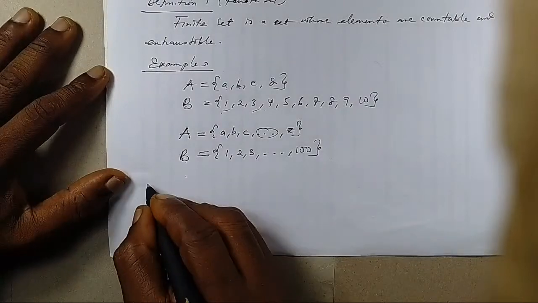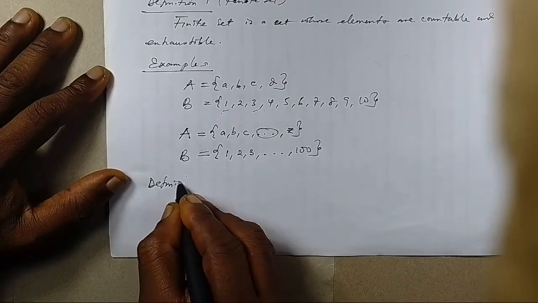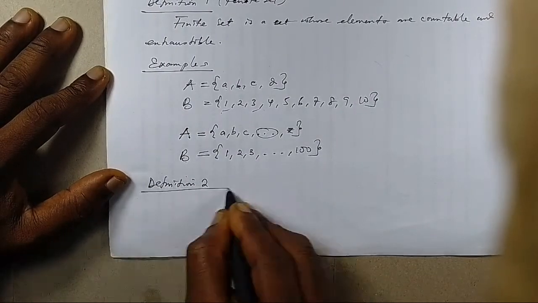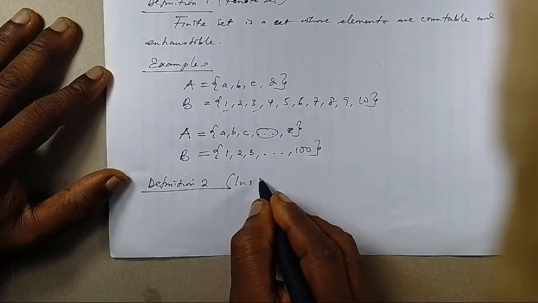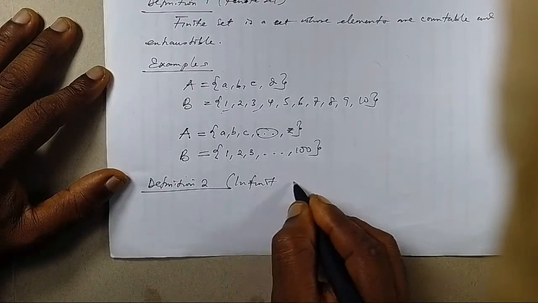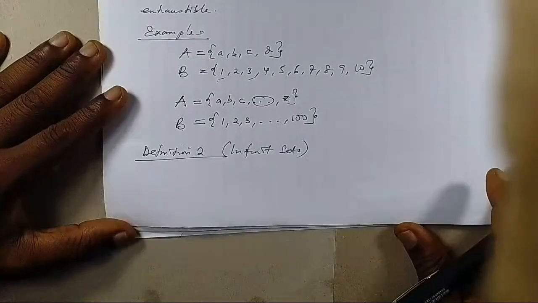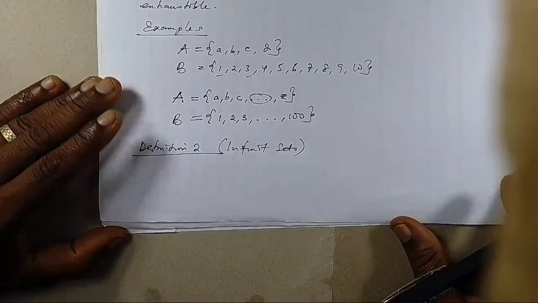Now, let us go to definition number 2. Definition 2 talks about infinite sets. Okay? So, when is a set infinite?